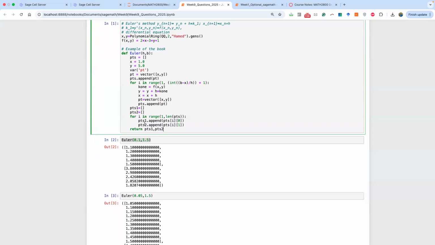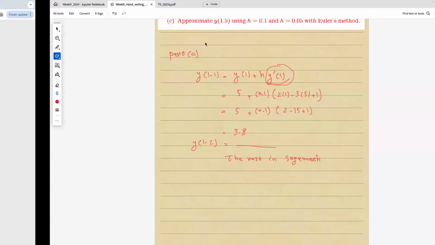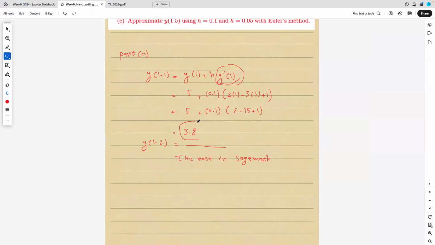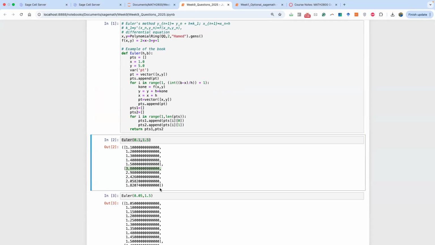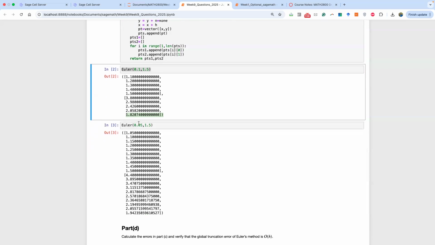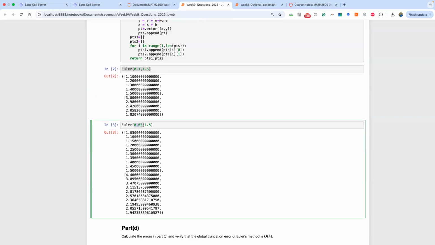We can apply this, and it will give x's 1.1, 1.3, 1.4, 1.5 and the corresponding y's. 3.8 is exactly the same thing that we've got here. If we continue, we will get this number here. How about this step size here, 0.05?